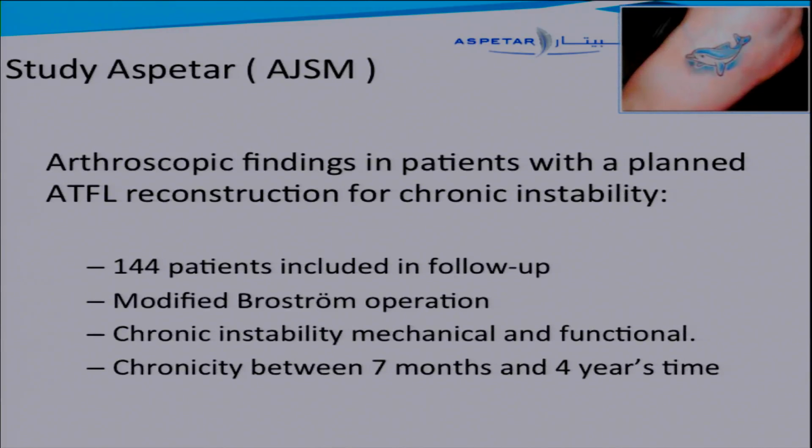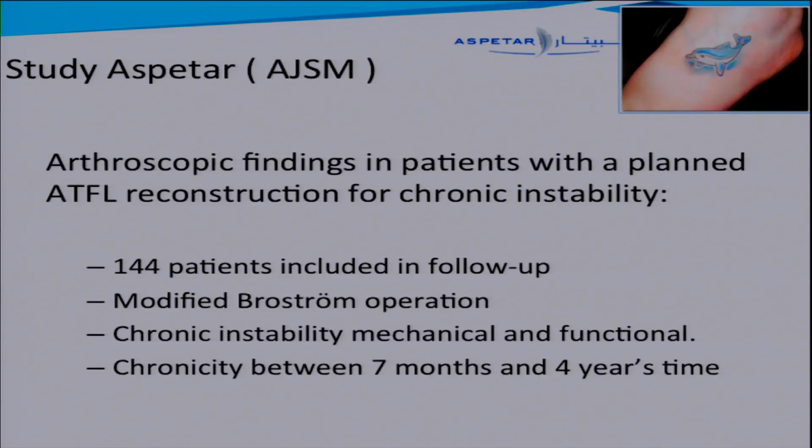Now, we just finished a study in which, in every chronic lateral instability of the ankle that was planned for surgery for a Brostrom operation, which means a repair or reconstruction of the ligament itself, we performed, prior to the open surgery, an arthroscopic procedure just to see the findings in the joint.